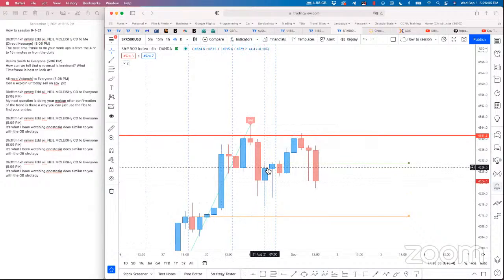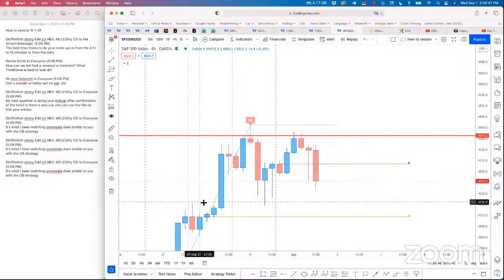You can look at the 1 hour time frame too, but this gives you a clear picture. Those are the London, the pre-market, and the New York candle. That's the most volume in the day, those three candles on the 4 hour.